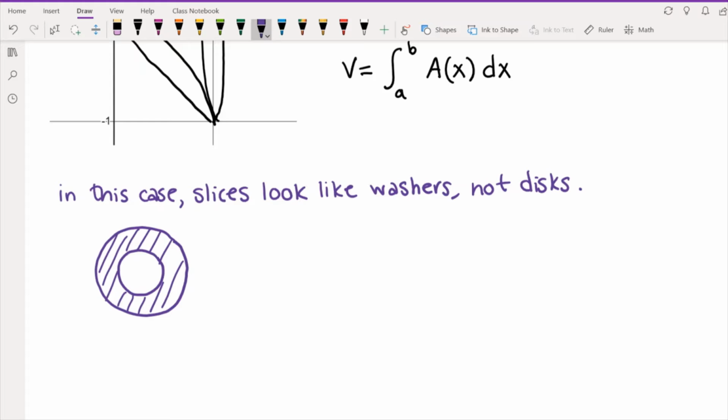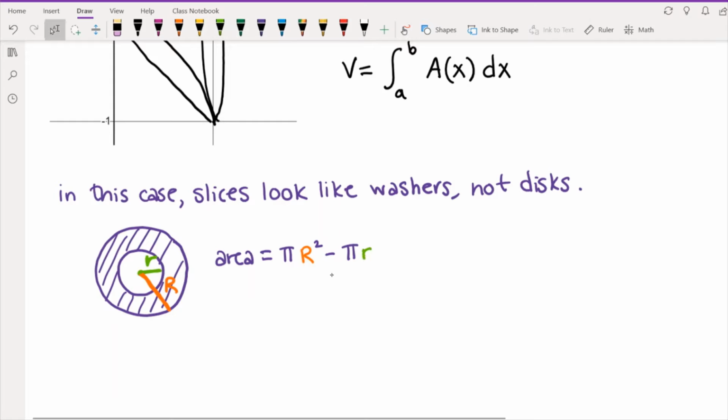All you would have to do is take the bigger circle area and subtract out the smaller circle, right? So we're going to call the radius of the smaller circle lowercase r, and the radius of the bigger circle uppercase R. And so the area is going to be equal to pi times big R squared minus pi times little r squared.